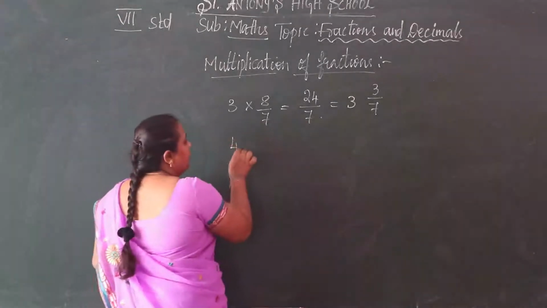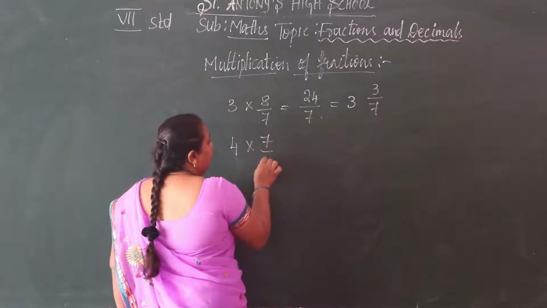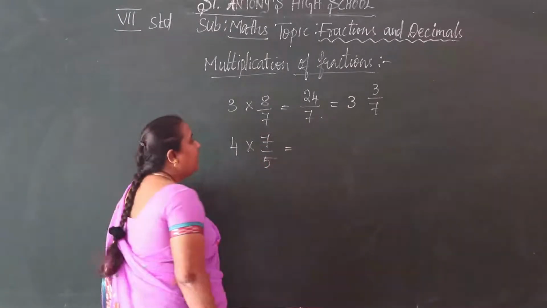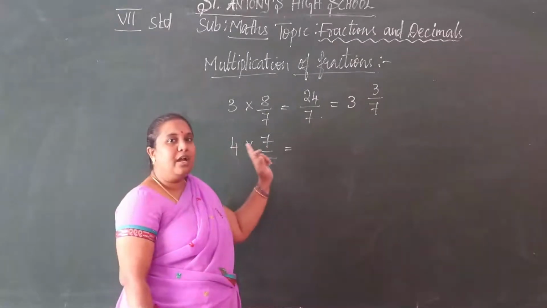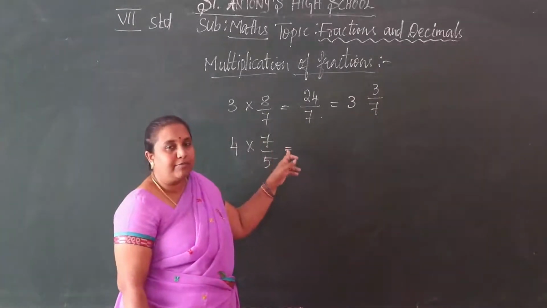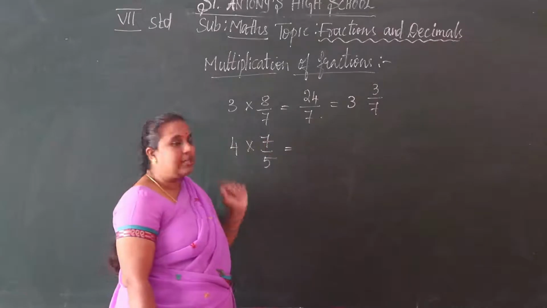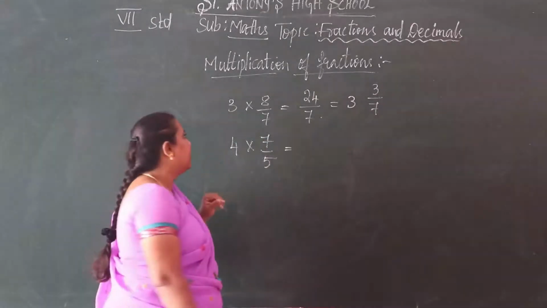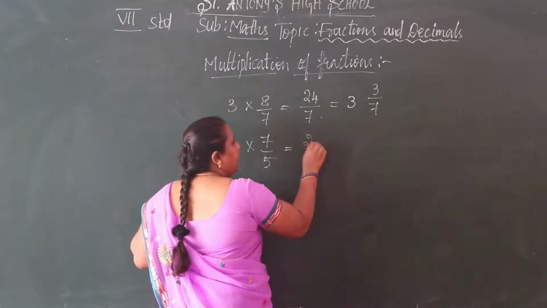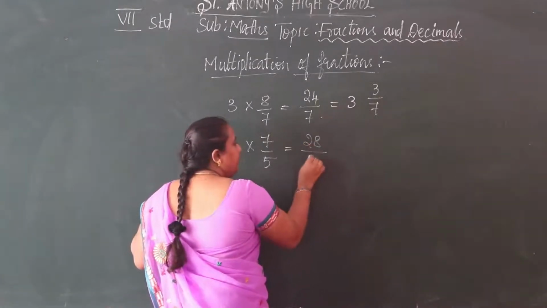4 into 7 by 5. So we can write this also as multiplication of a whole number only into the numerator of the fraction. So 4 7s are 28, 28 by 5.